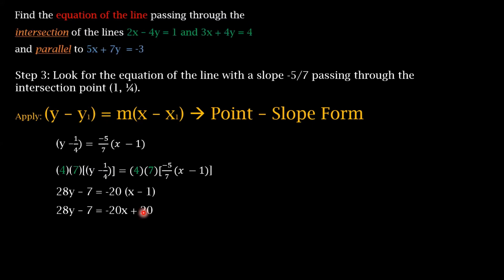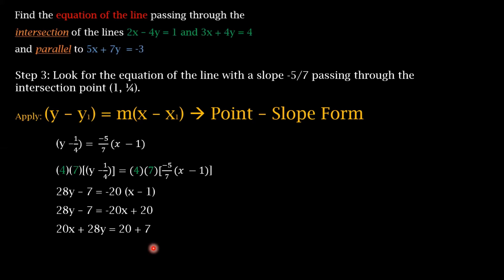In this case, we would need to transpose this negative 20x to the left side, and that would now become positive 20x, and just copy the 28y, and also we transpose this negative 7 to the right side, and that would give us 20 plus 7.